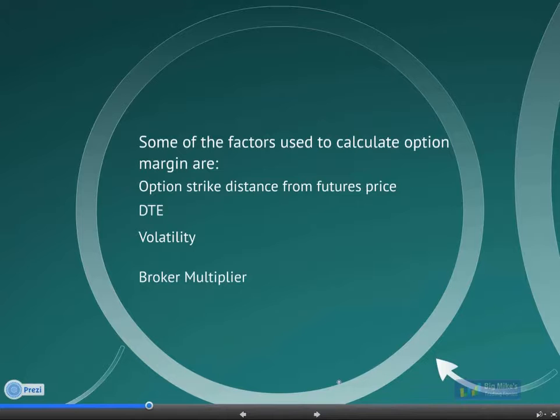So your main goal is to get a good rate of return, and if you're having to put up more margin for every option you sell, your rate of return is going to be lower. So your goal is to be at the lowest margin possible. So if you're wanting to sell options and you want to get the best rate of return, maybe being at IB would not be the best place for that.